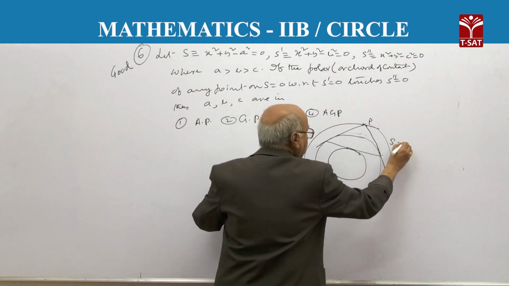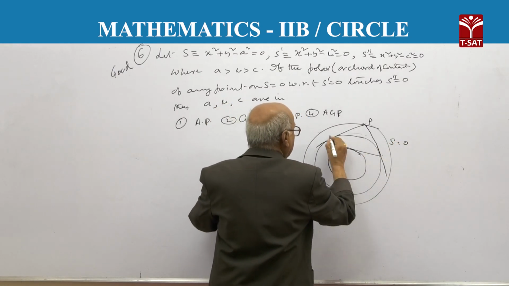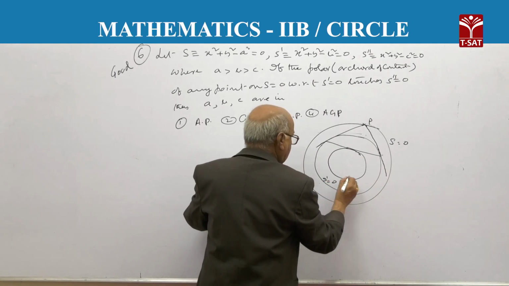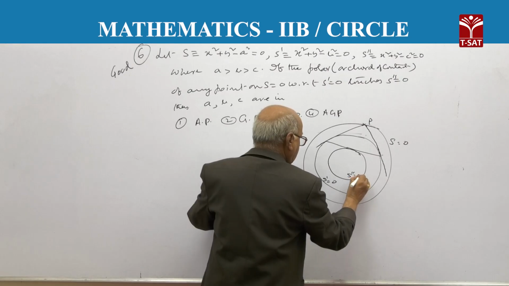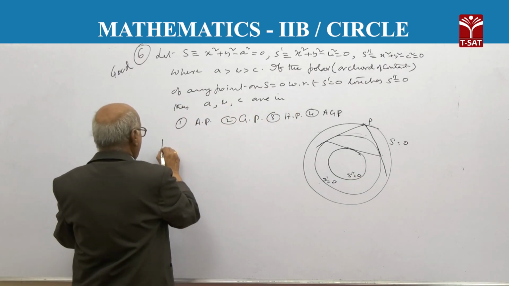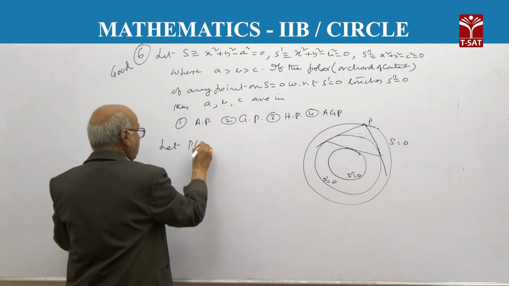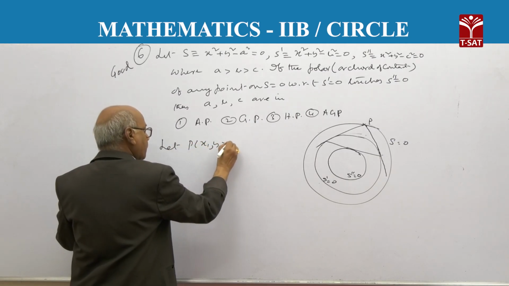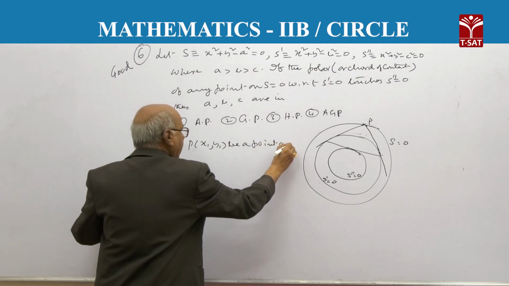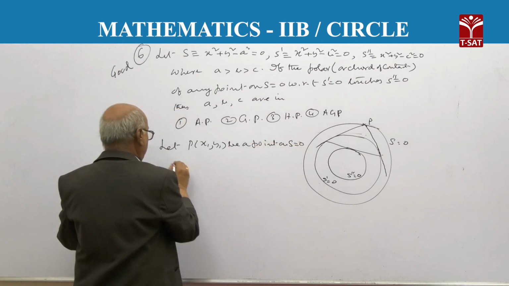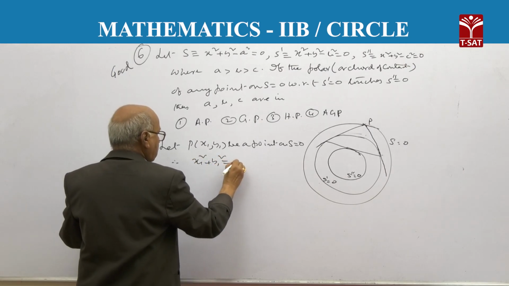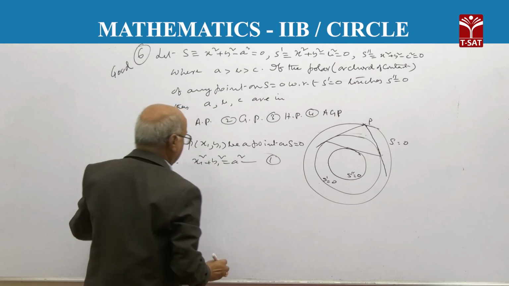So this is the outermost circle, this is the second circle, and this will be the third circle. Now let P(x1, y1) be a point on S equal to 0. Therefore, x1 square plus y1 square is equal to a square, number 1.